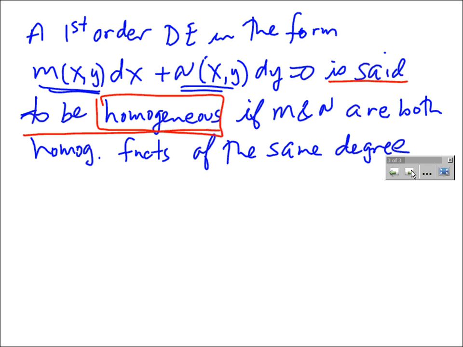It's not enough for m and n to both be homogeneous functions. They have to be homogeneous functions and of the same degree before we call it homogeneous. This homogeneous is a different homogeneous than before when we talked about homogeneous equations.